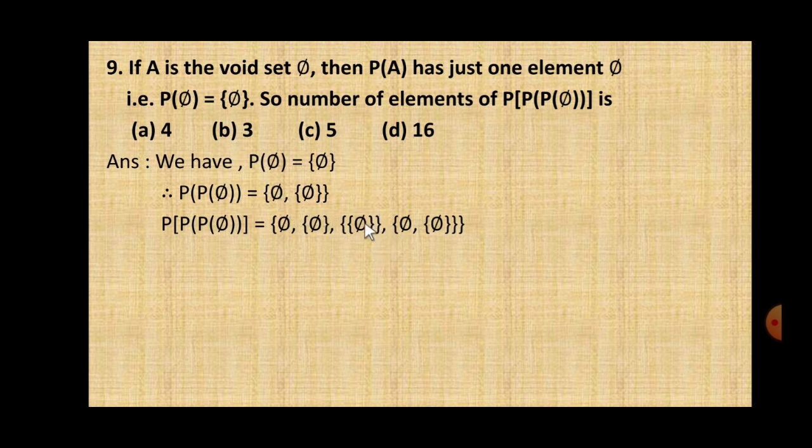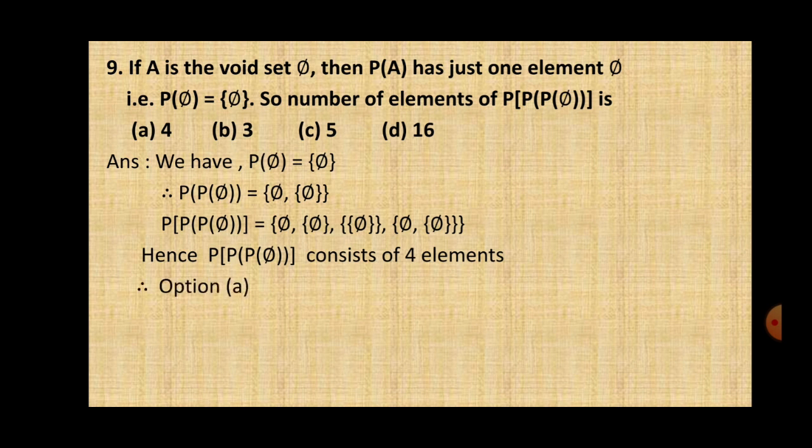Now the next one is sets having 2 elements. This is the first element and this is the second. So this is the fourth element we get. So this is P of P of phi. So student, how many elements did we get here? There are a total of 4 elements. So here the answer is option A.